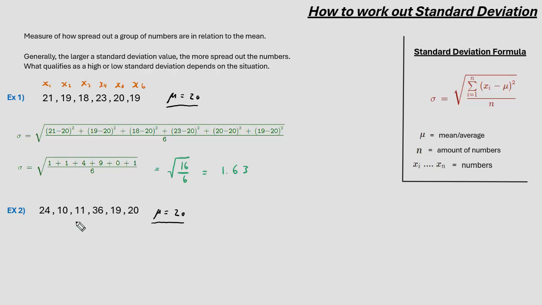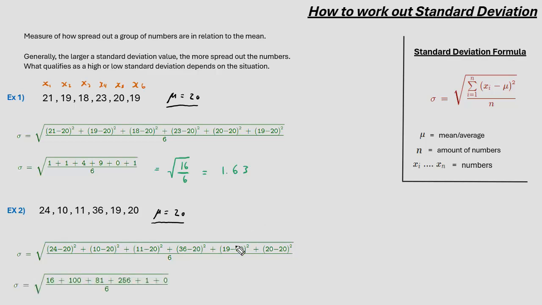Now, the 6 numbers in example 2 is a different list, but with the same average. So let's use the same approach with the standard deviation formula and see what we get. Again, we have our x1 value minus the mean squared, and so on, adding together up to x6 all over 6 inside the square root.